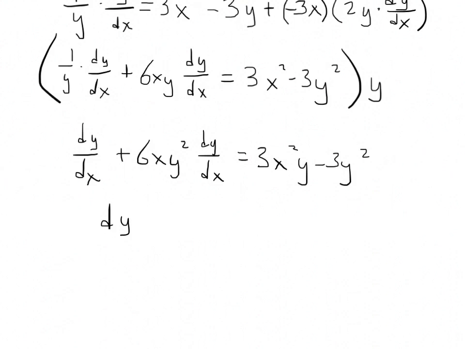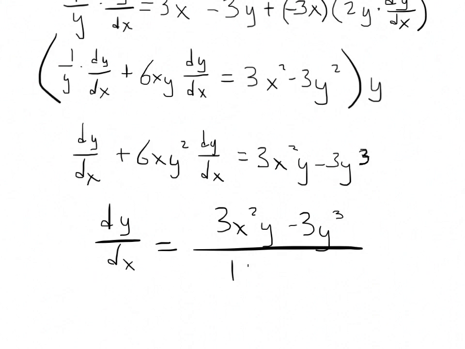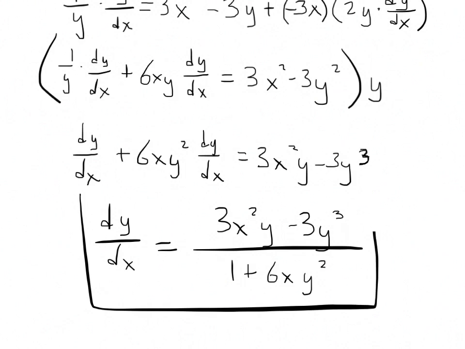So I'm going to end up with dy/dx equals 3x squared y minus 3y. Just realized I have a mistake up here. I'm sorry. That should be 3y cubed. So 3y cubed all over 1 plus 6xy squared. That is that derivative.